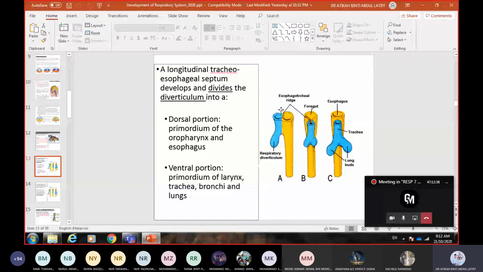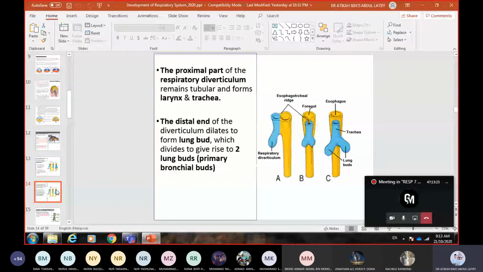So remember, from the foregut the respiratory diverticulum will develop, and the tracheoesophageal septum will separate the dorsal and ventral portions into two. One is the esophagus and this is the larynx and trachea. Next, the proximal part of the respiratory diverticulum remains tubular and forms the larynx and trachea.